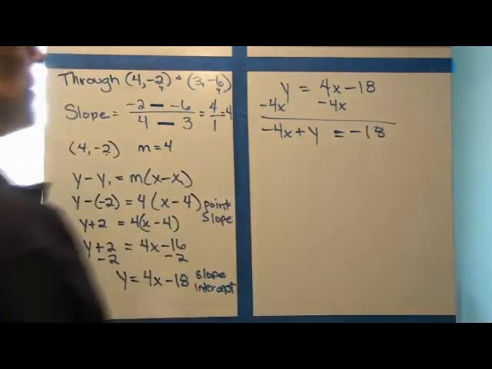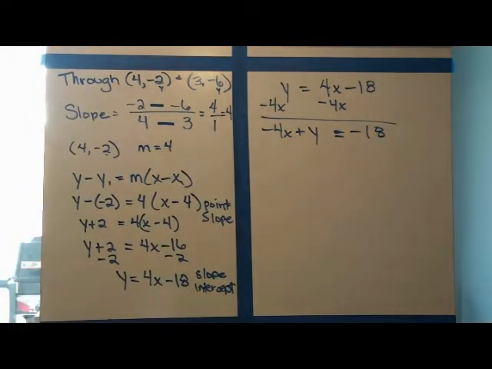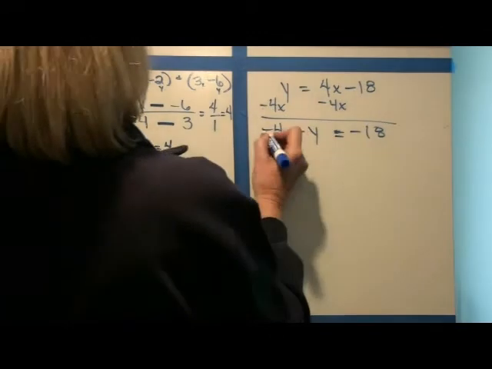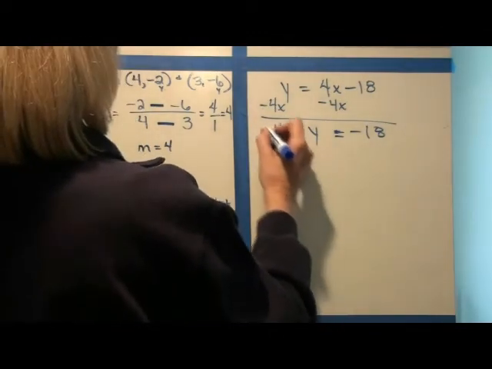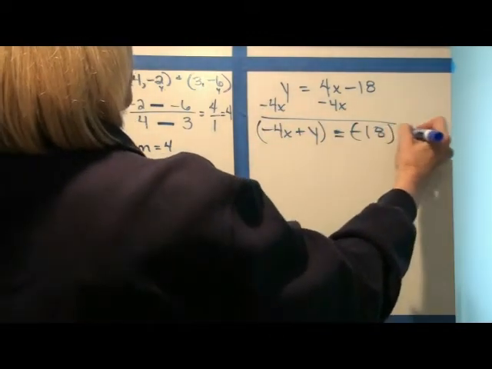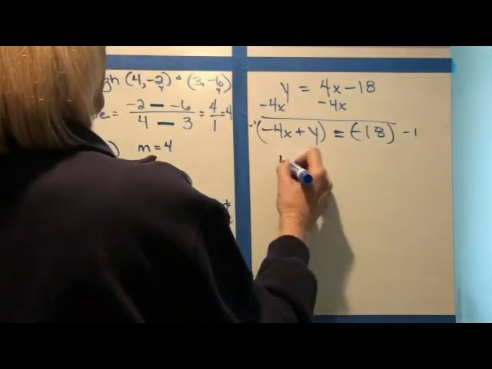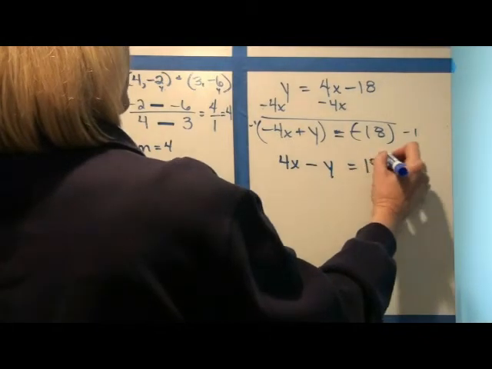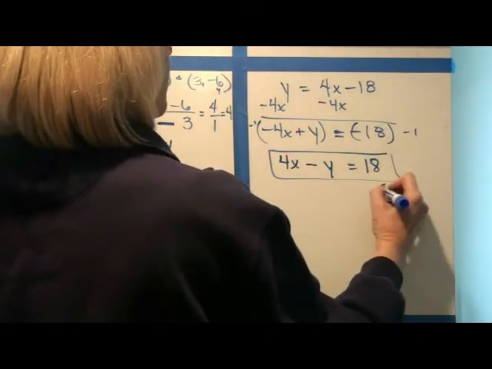Now that's the standard form for some, but for most people we don't want that negative. Remember, no fractions in this final answer and no negatives. So in order to get rid of the negative, we multiply both sides of the equation by -1, and it changes all of the signs, and we have standard form.